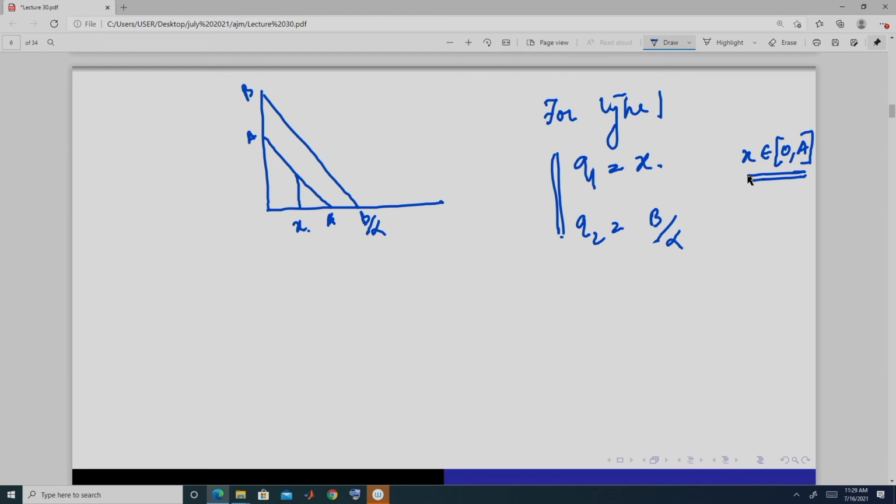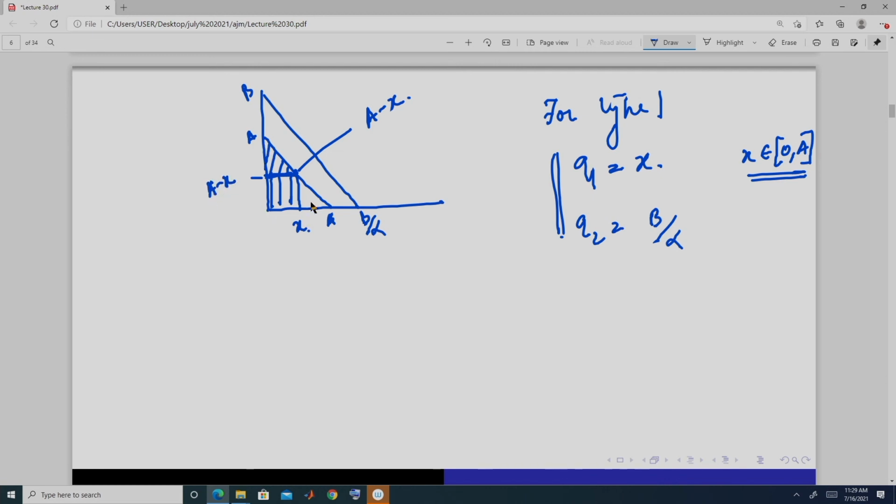Now, within this, if this is the A, consumer 1 for type 1 can charge this whole region for paying this. This point is A minus x.